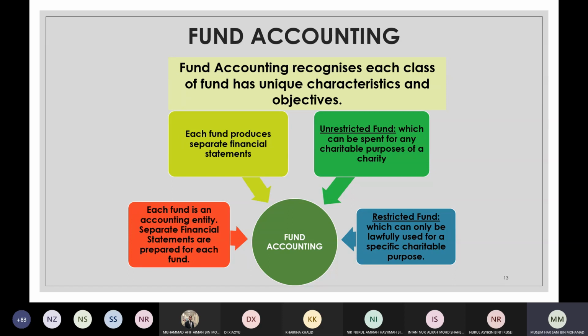I think you may also discuss this topic in Islamic accounting or in other specific funds, like zakat, for instance: zakat, wakaf, and baitul mal. These are restricted funds. Baitul mal is a bit flexible, but zakat and wakaf are restricted in nature, so they must be used only for specific purposes.